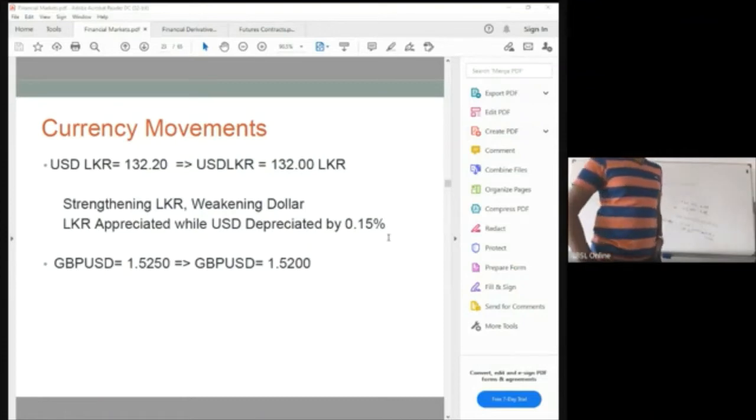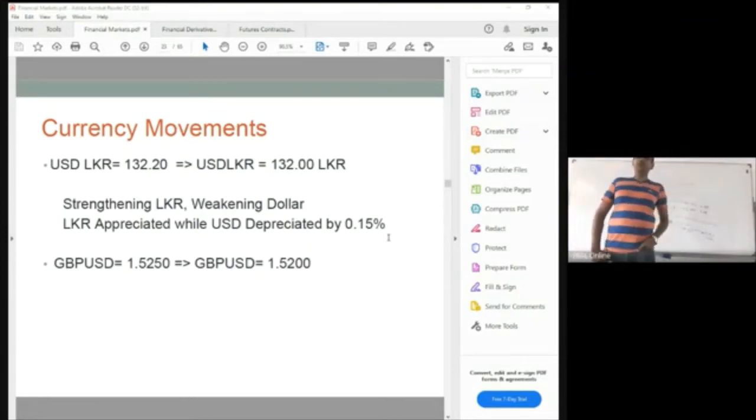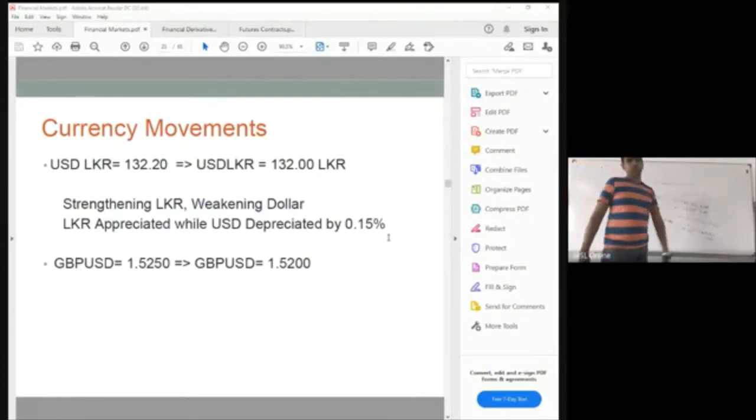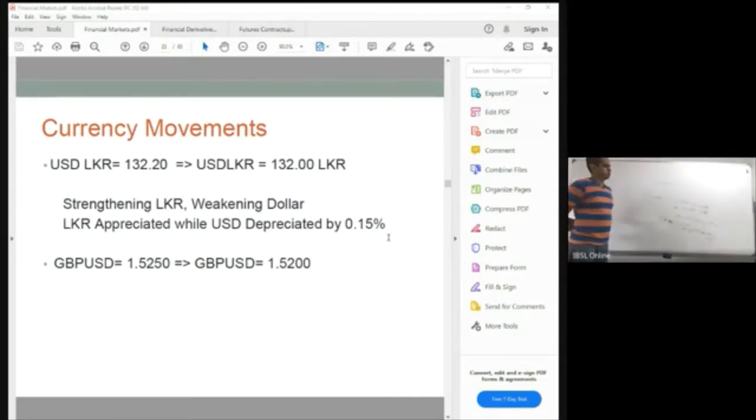So the next question, sterling dollar 152.50, and then it is at 152. What do you think has dropped? Now in this question, which one has dropped? The dollar has dropped or the rupee has dropped? Dollar has dropped. In the previous example, original example, what has happened?